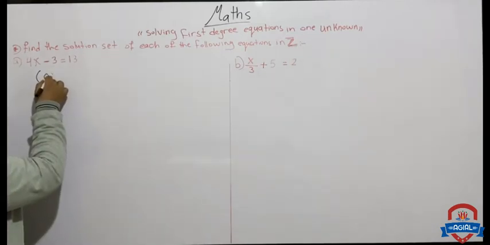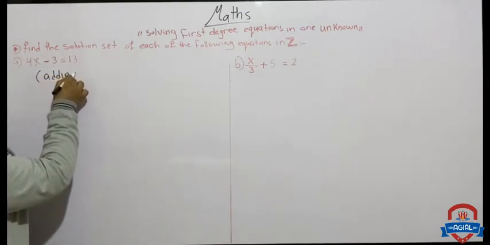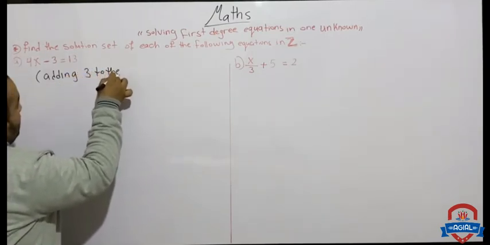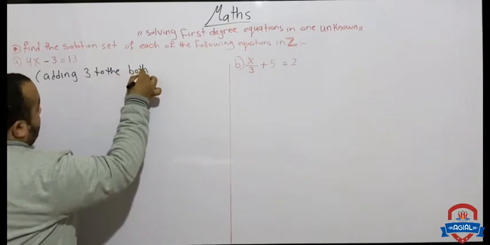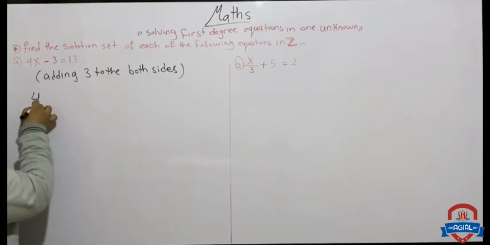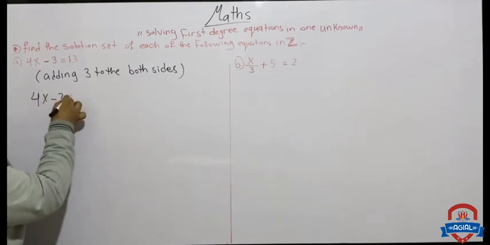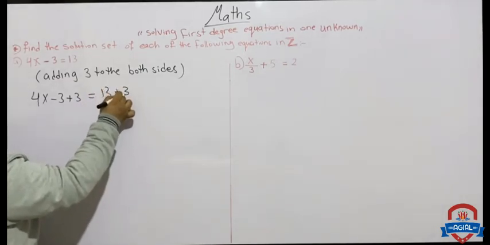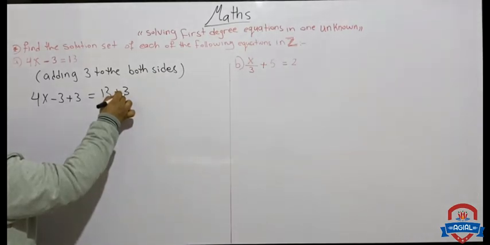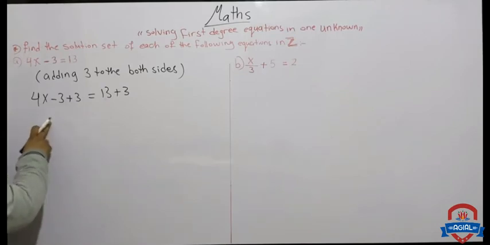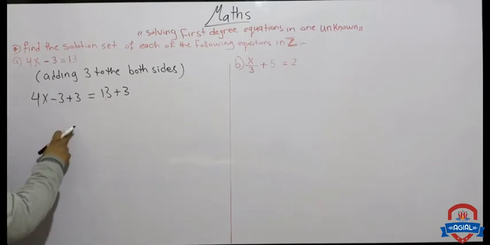So 4x minus 3 plus 3 equals 13 plus 3. Negative 3 plus 3 equals 0. 0 plus 4x equals 4x.